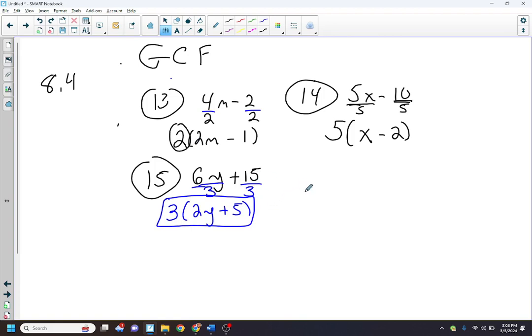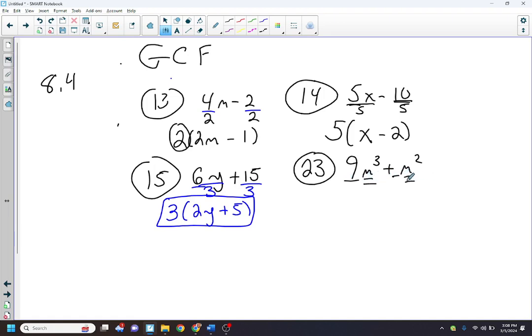I'm going to skip over to 23 because I got to show you this. We're not doing 20. Number 23 is 9m cubed plus m squared. First we're going to look at the numbers. Neither of them has anything in common: 9 and 1. But now we have to look at the variables.